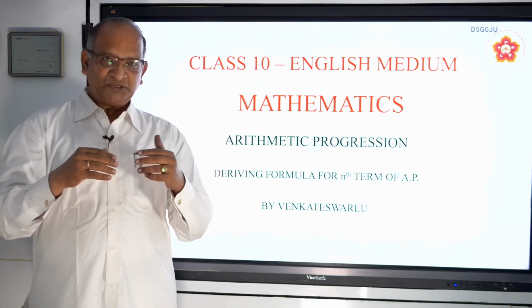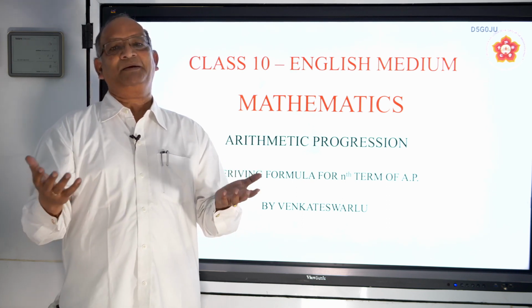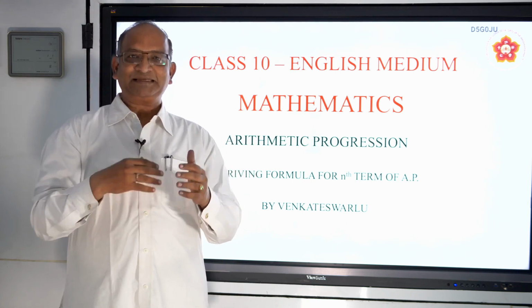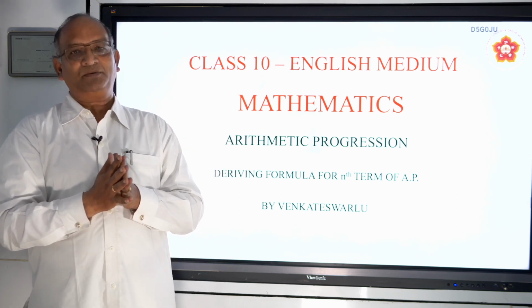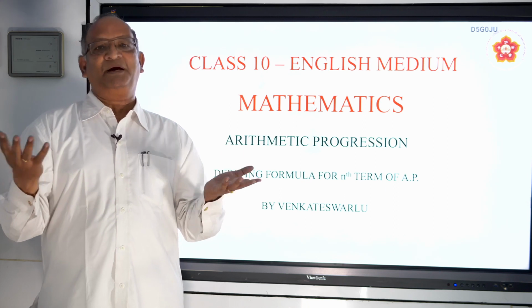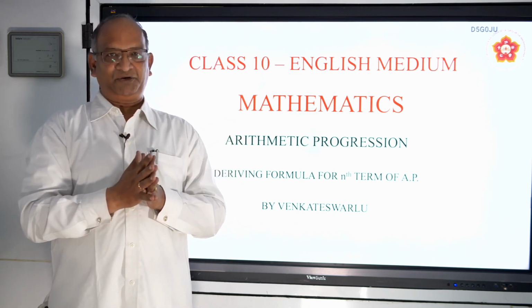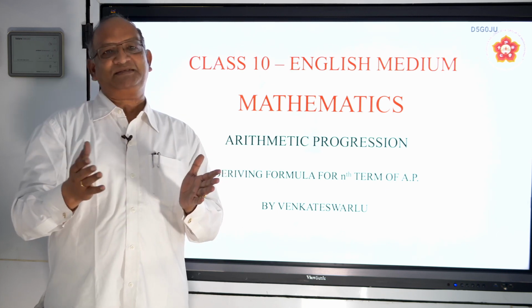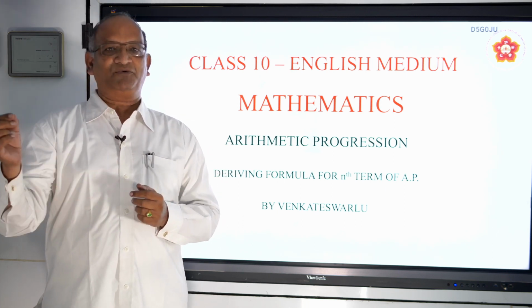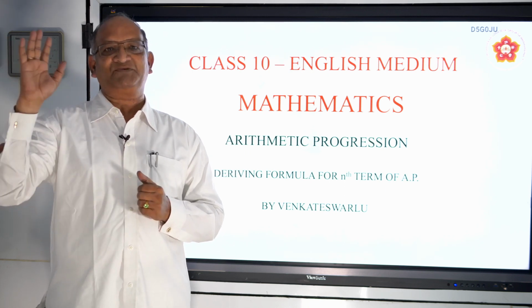Now, once we understand how to identify an arithmetic progression, the next task is to know how we can find out any term of the sequence. Suppose a very simple sequence like the natural numbers 1, 2, 3, 4, 5 is given. If somebody asks what is the 500th number, you will say it is 500.